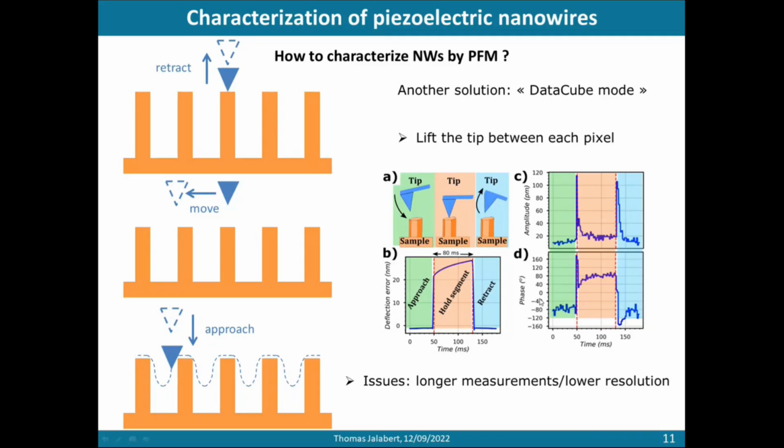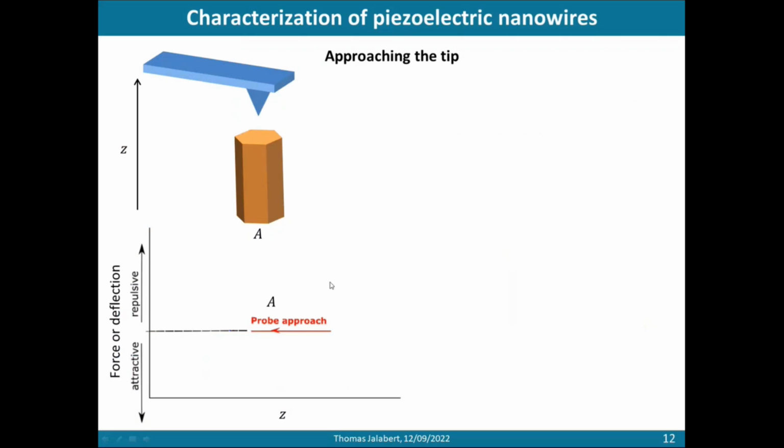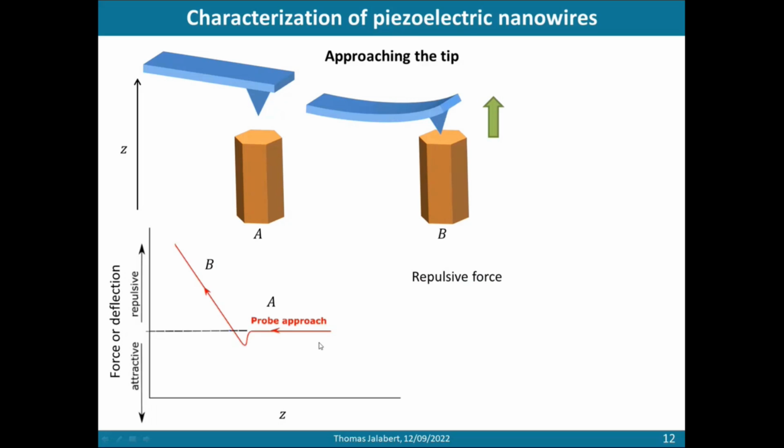What is interesting with PFM is that we can record the amplitude and the phase of the piezo response of the sample, but we can also at the same time measure the mechanical properties. To illustrate this, I focus on what happens during the approach. When the tip is far from the sample, there is no force. Here is the force exerted by the tip on the sample, and this is the tip to sample distance. When the tip is in contact with the sample, we apply a force.